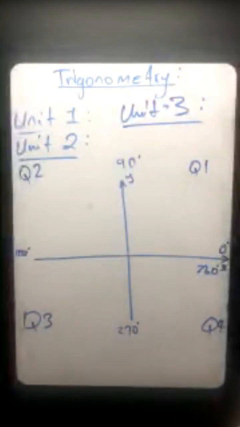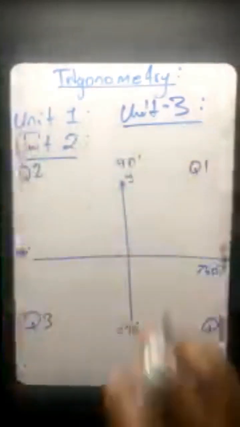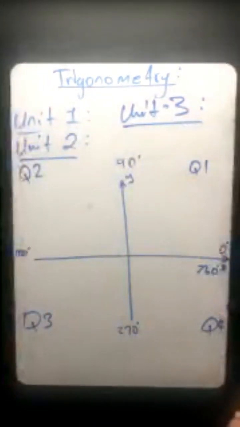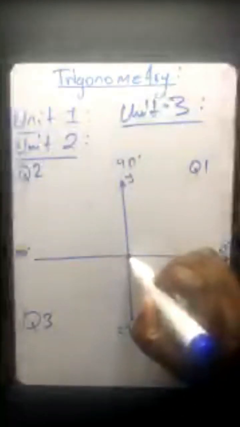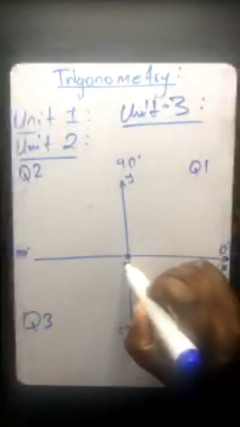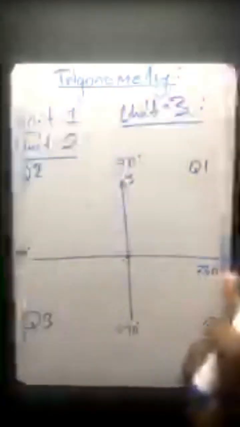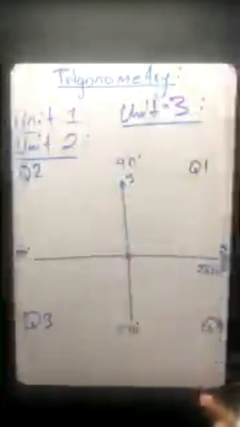So now a right-angled triangle can be drawn either in the first, second, third, or fourth quadrant. Let's look at how it looks in the first quadrant. It starts from the origin. Remember, the origin is that point where your x and your y-axis intersect.